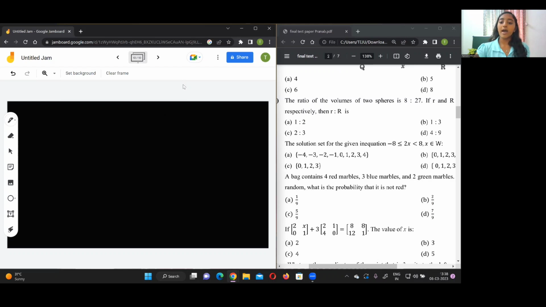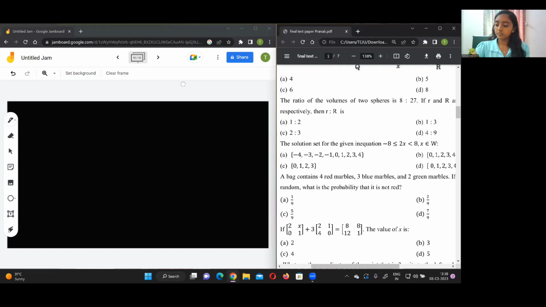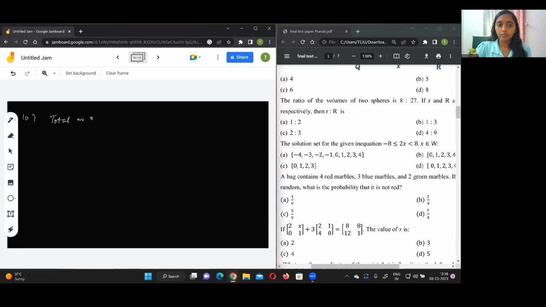It's a probability-based question. A bag contains 4 red marbles, 3 blue marbles, and 2 green marbles. When one is picked up at random, what's the probability that it is not red? So total number of marbles is equal to 4 plus 3 plus 2, which is 9.